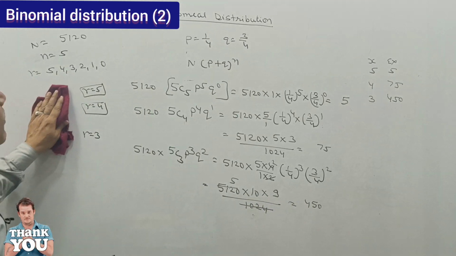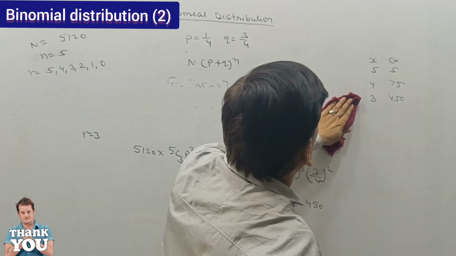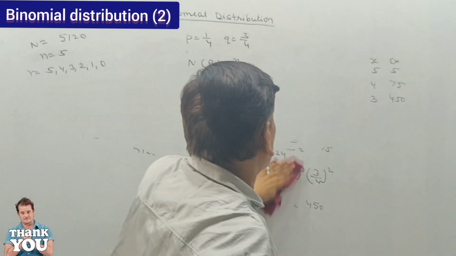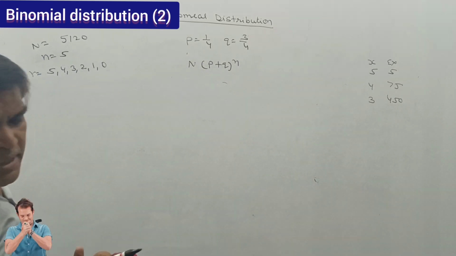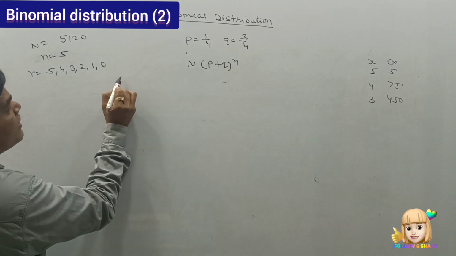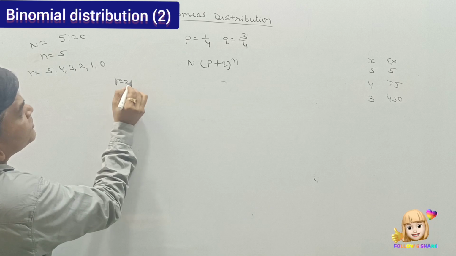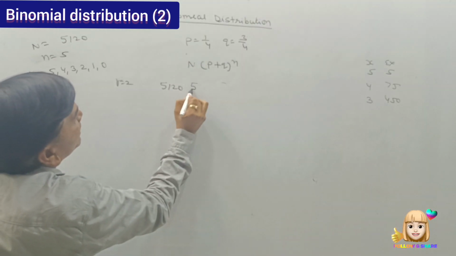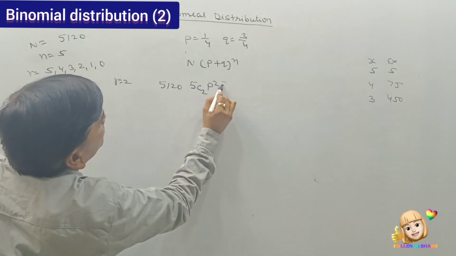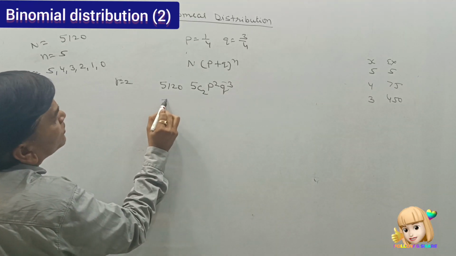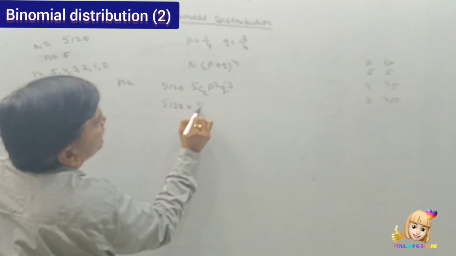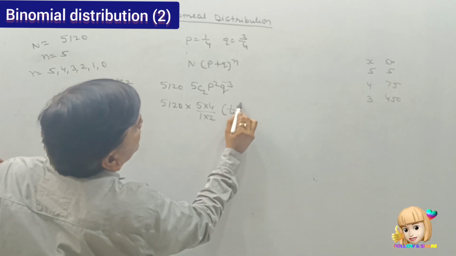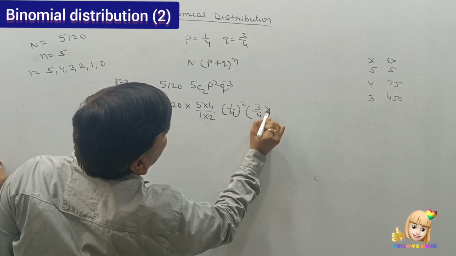Okay. Now the calculation of 2 will destroy, so R is equal to 2. Then 5120 5C2 P raised to power 2 Q raised to power 3. So 5120 multiply 5 multiply 4 upon 1 multiply 2, 1 by 4 raised to power 2, 3 by 4 raised to power 3.